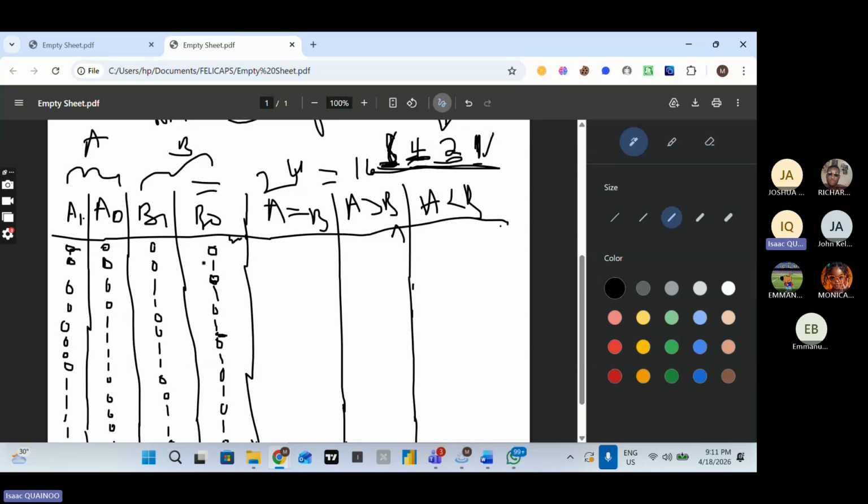We have 0, 0 and then 0, 0. Are they equal, greater than, or less than? Or is one less than the other? Please, which symbol is true here?